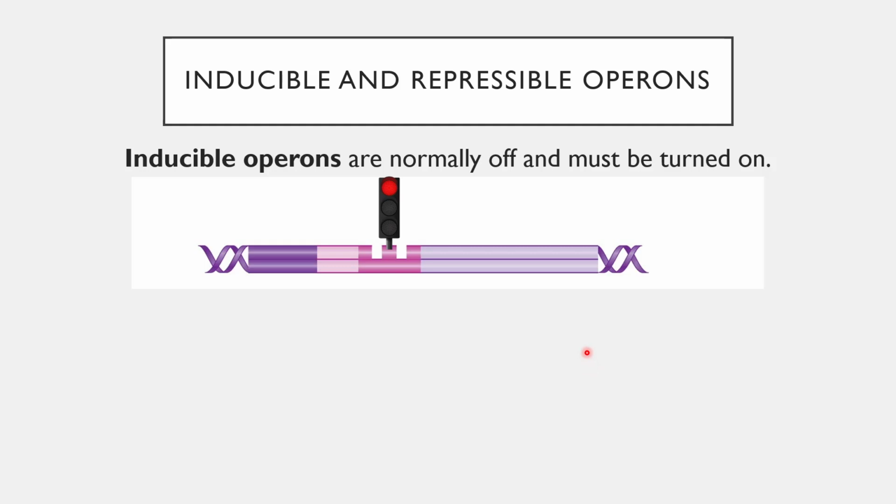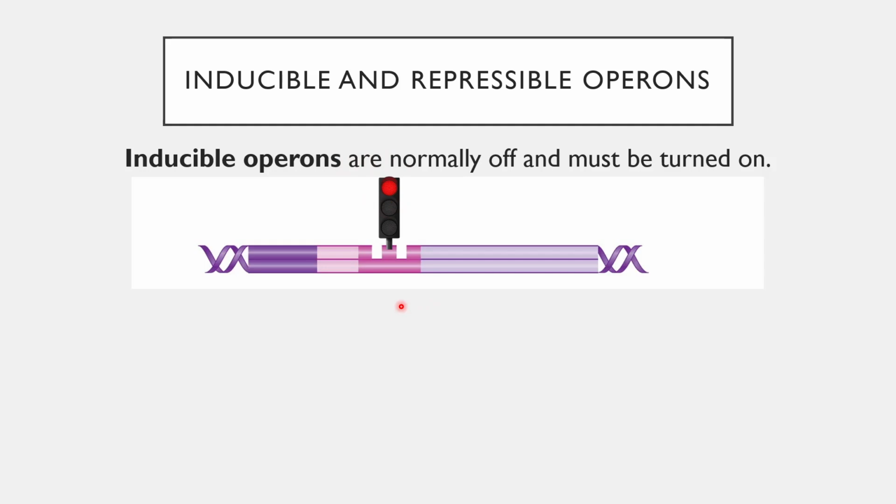There are some operons that are normally turned off, and in order for them to function, they must be turned on. And these ones are called inducible operons because they must be induced to be transcribed and translated. So the baseline state of an inducible operon is off, and something has to happen to the cell in order for it to be turned on.